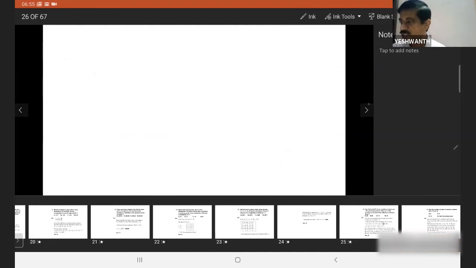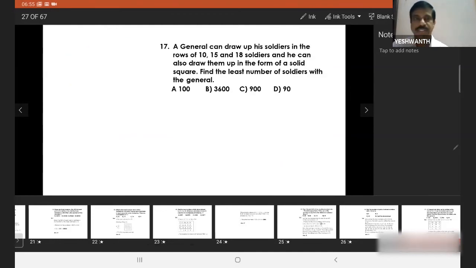Okay, children, let us go to the next question. A general can draw up his soldiers in rows of 10, 15, and 18 soldiers. And he can also draw them up in the form of a solid square. What is the least number of soldiers that are there with the general?